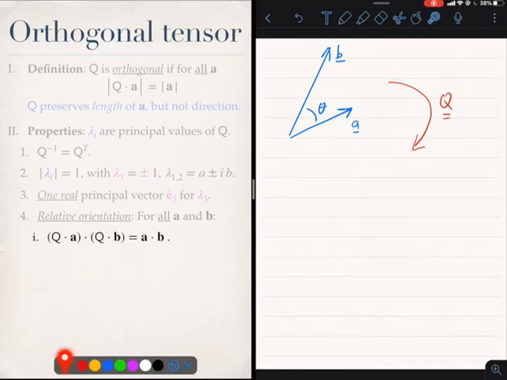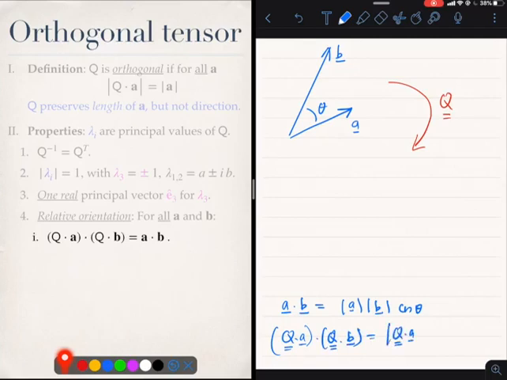The first fact is that the dot product of the initial two vectors is the same as the dot product of the final two vectors. What does this mean? Well, remember A dot B is |A||B| cosine theta. Then QA dot QB must be |QA||QB| cosine of whatever the new angle between them is, let's call it phi.